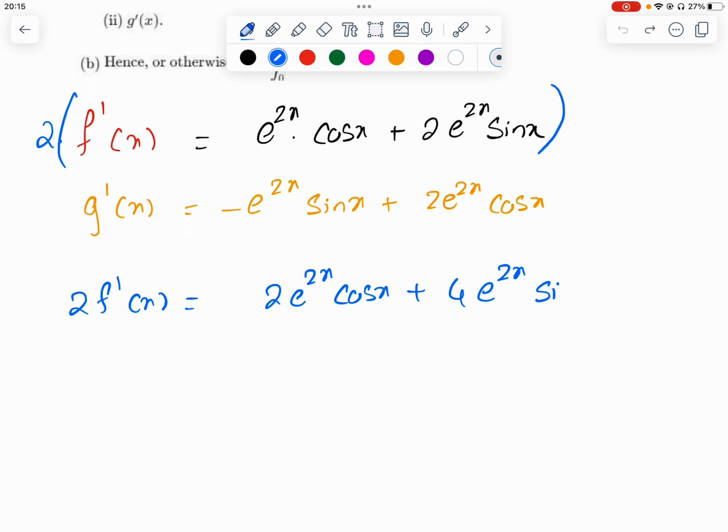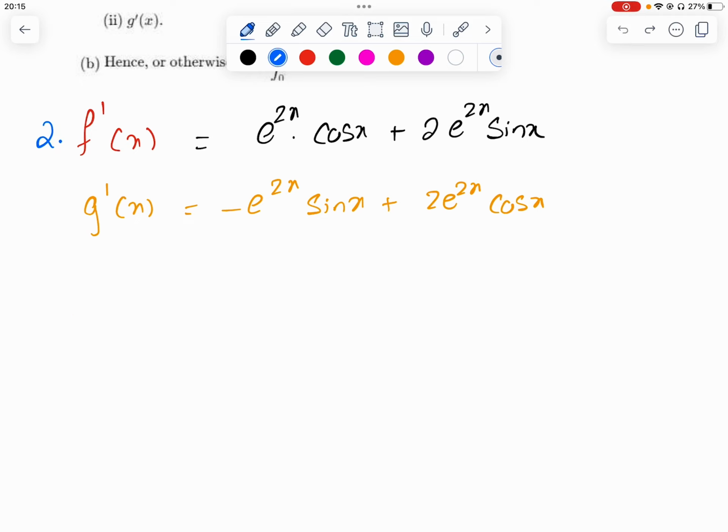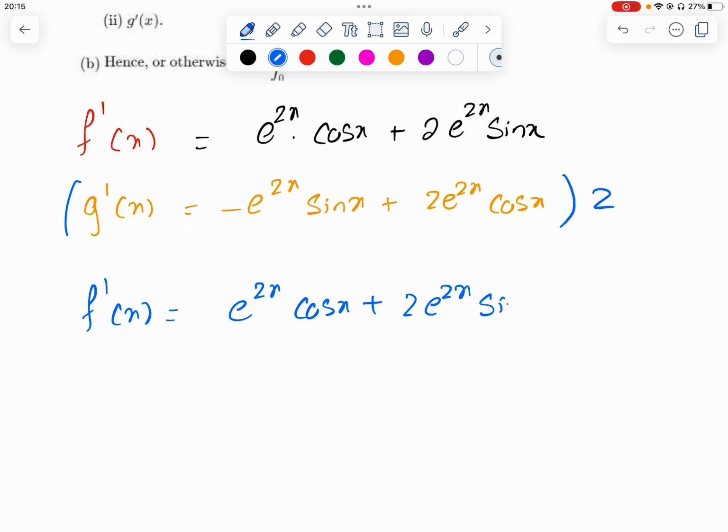Or instead of multiplying that one with 2, I'll multiply g of x with 2, so that I can get e power 2x sin x cancelled off. So f prime x will be e power 2x cos x plus 2 e power 2x sin x.